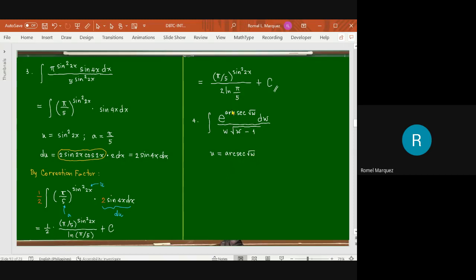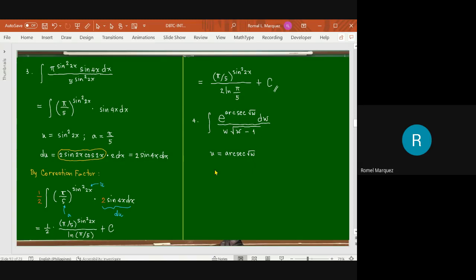I'm not really sure if this problem will really have a solution, so let's just fix it in case it will not. So our a is e, so no problem with that anymore because we have a direct integration of the integral of e to the u du, and that is e to the u plus c.